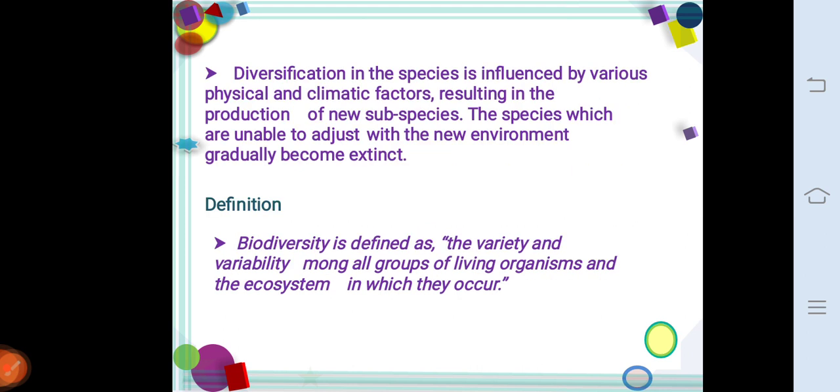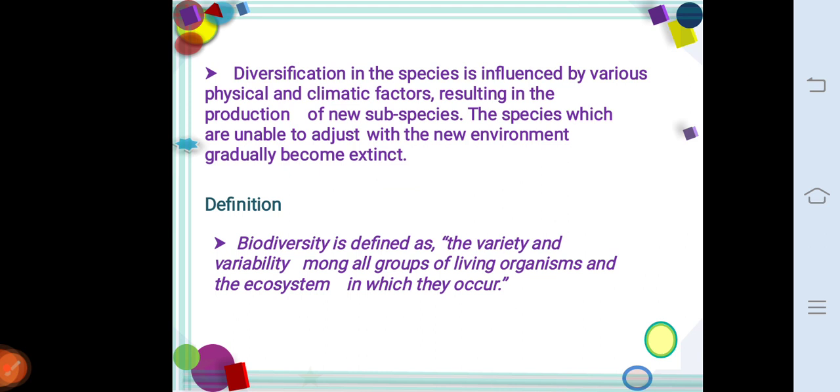Classification of levels of biodiversity. There are three types of biodiversity: genetic biodiversity, species biodiversity, and community or ecosystem biodiversity. Genetic biodiversity means a species with different genetic characteristics is known as a subspecies or genera. Genetic biodiversity is the diversity within species, that is, variation of genes within the species.